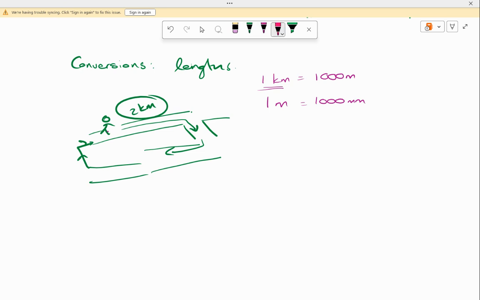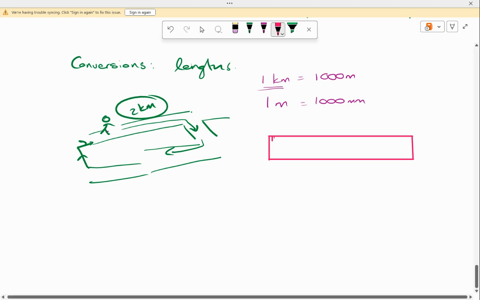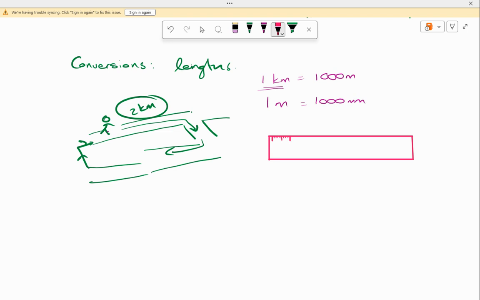And remember what a millimeter is. If I've got a ruler like this, a millimeter would start from 0, and you'd go 1, 2, 3, 4, 5, 6, 7, 8, 9, 10, and it will just keep going in that fashion.